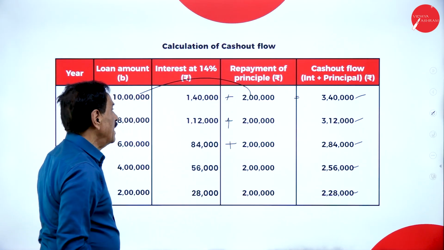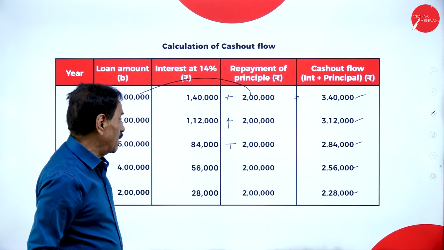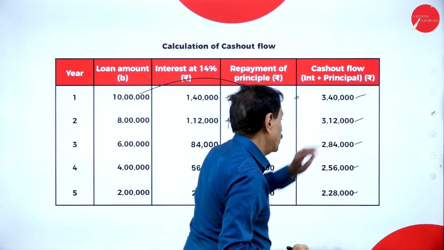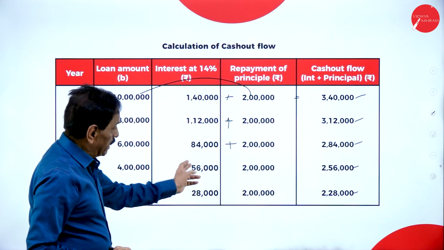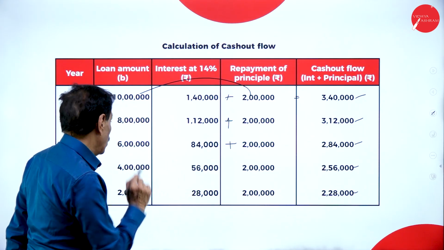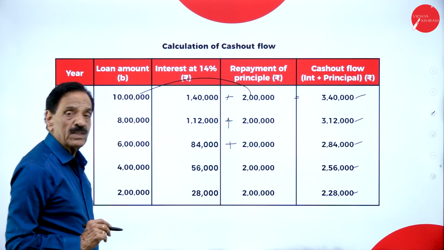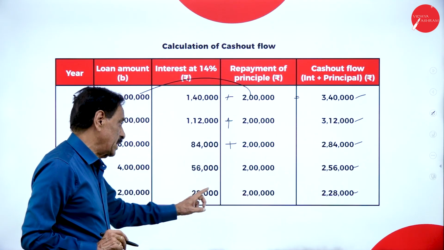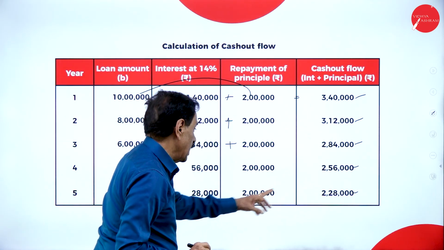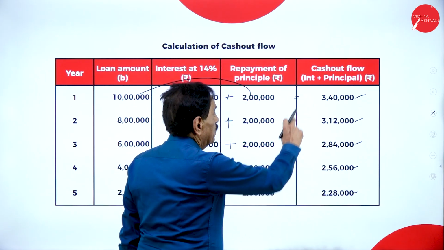Balance is 8 lakh. 14% is 1,12,000 plus 2 lakh is 3,12,000. Third year, 6 lakh, interest 84,000 plus 2 lakh, 2,84,000. Fourth year, 4 lakh, interest 56,000, 2,56,000. Fifth year, 2 lakh plus 28,000 interest, 2,28,000.